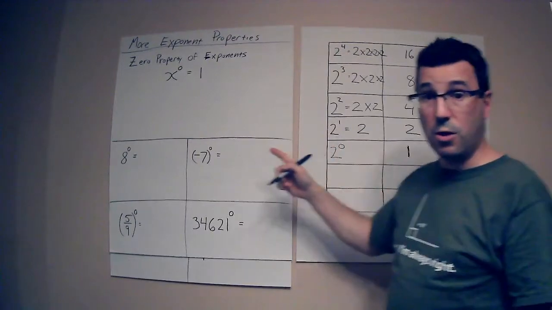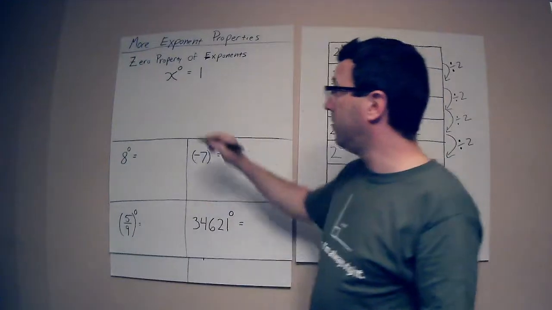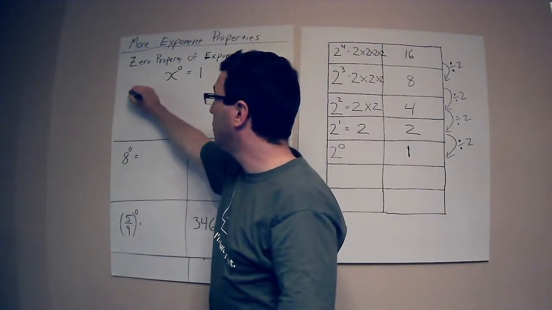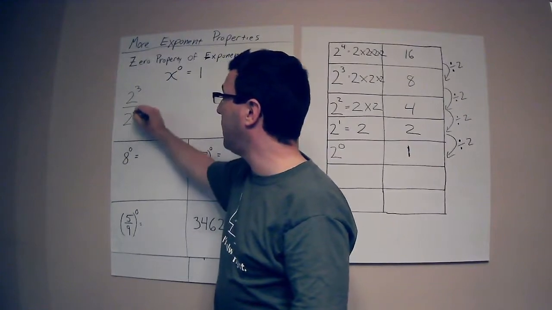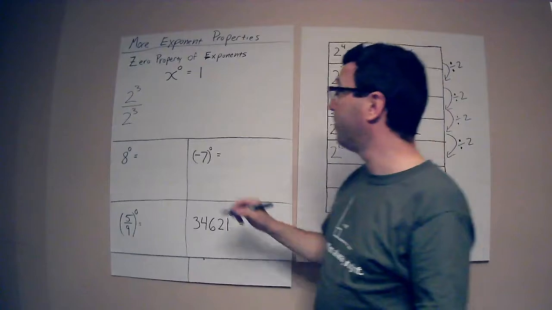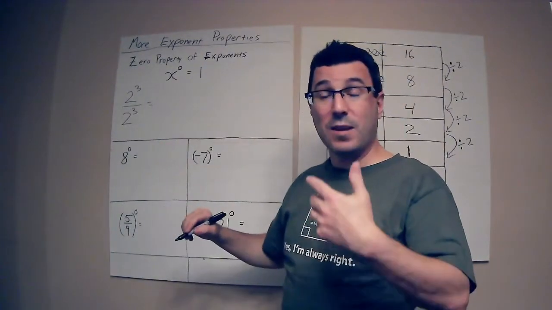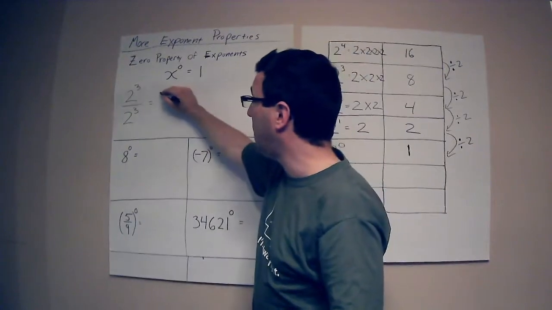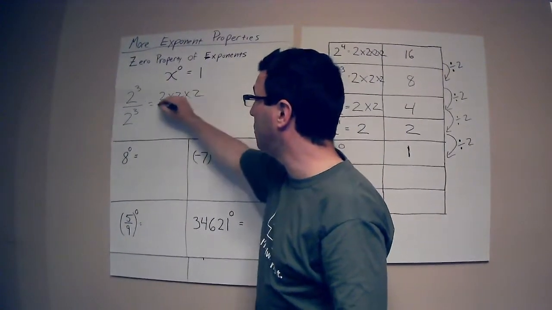The other way we can show this is, let's say I have 2 to the 3rd divided by 2 to the 3rd. I'm going to show two ways with this as well. What I can do is expand this. On the top I can have 2 times 2 times 2.